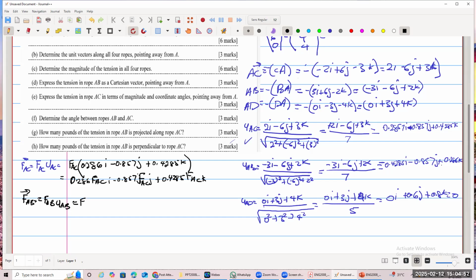So FAB, you put the unit vector, which is a minus 0.429 I minus 0.857 J, plus 0. Oh, we left out something here. No? Oh, they haven't left out anything.